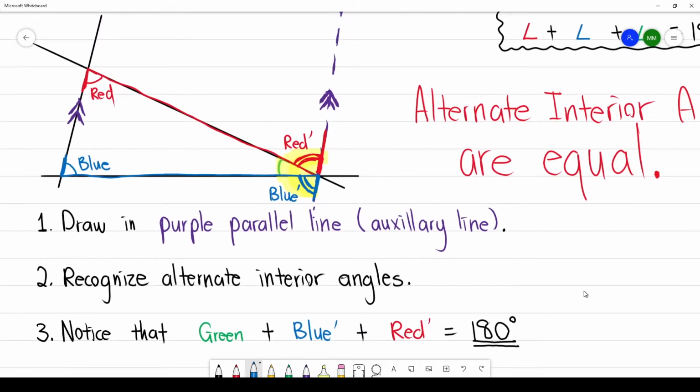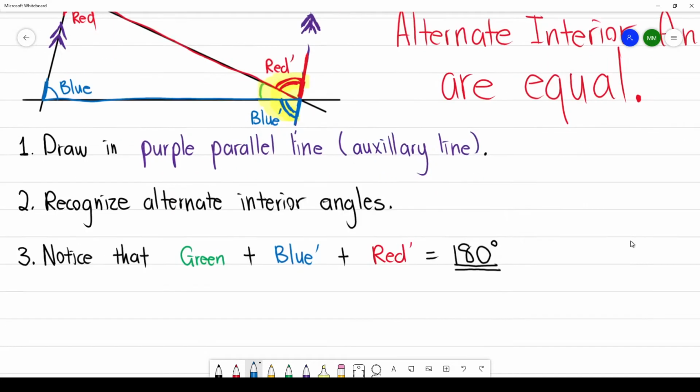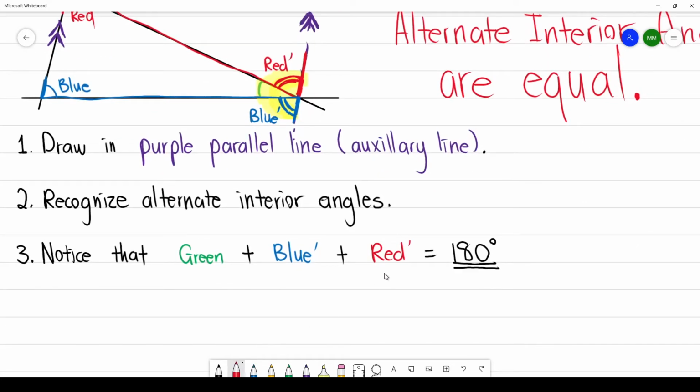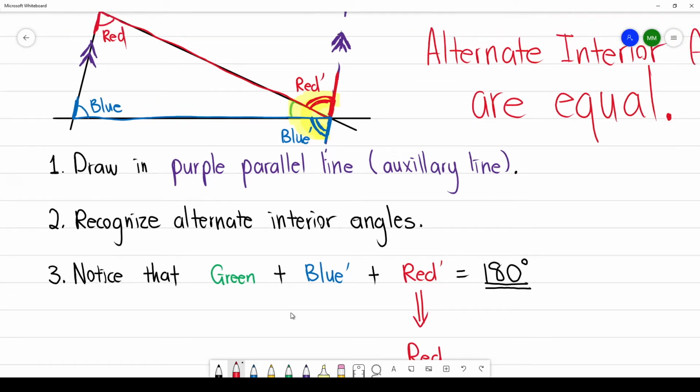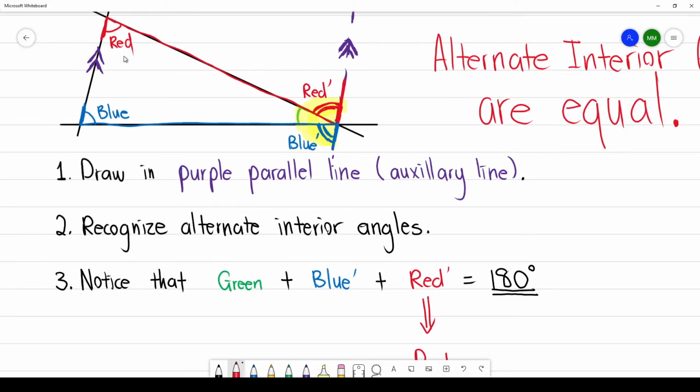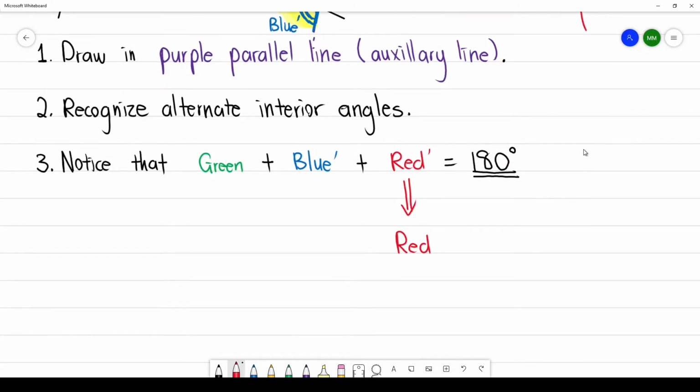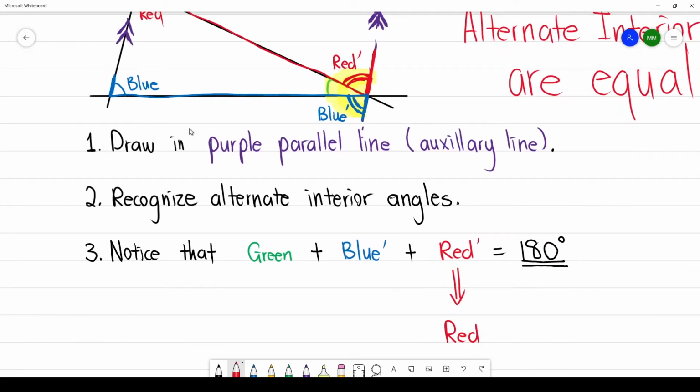Now, by alternate interior angles, red apostrophe is the same thing as just red itself. And red is one of the interior angles of a triangle here, right? And blue apostrophe, by the same sense of alternate interior angles, is exactly equal to blue, the original interior angle of this triangle.